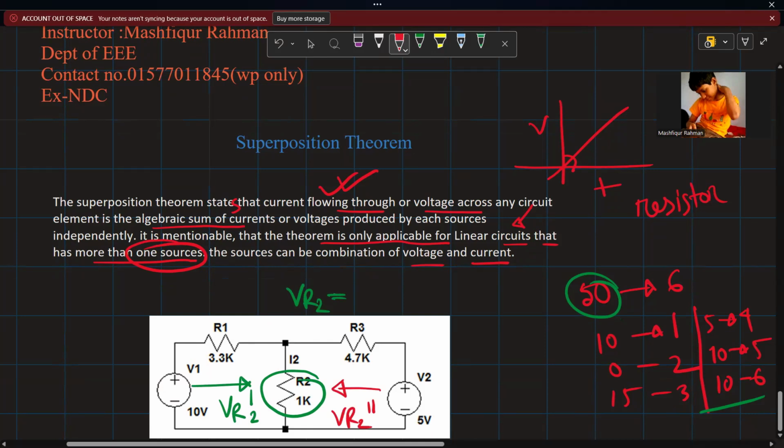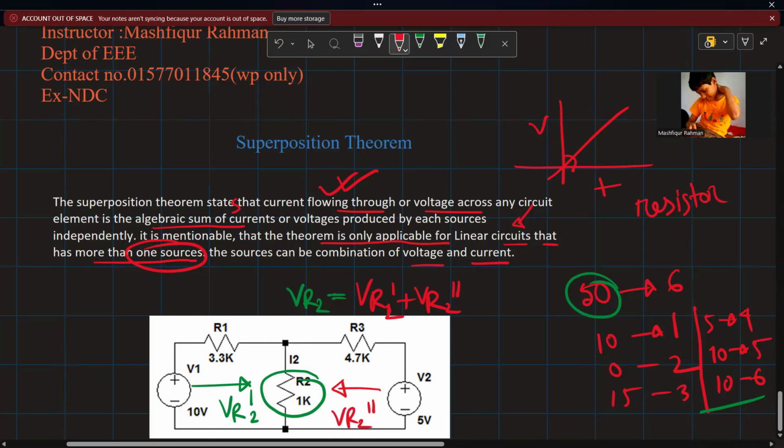VR2 prime is only the effect produced by the 10 volt source, and VR2 double prime is only the effect produced by the 5 volt source. So the actual voltage difference across the R2 resistor should be VR2 prime plus VR2 double prime.